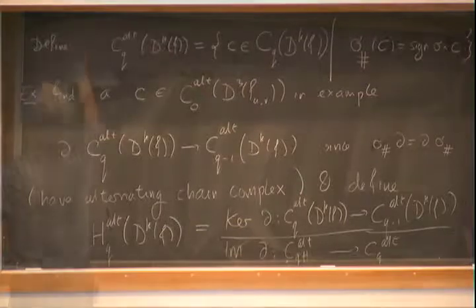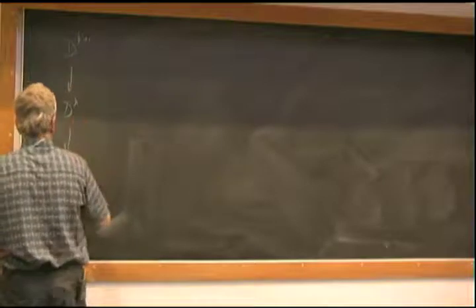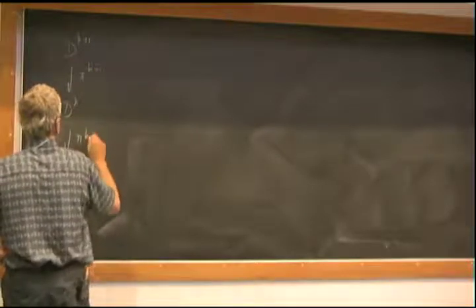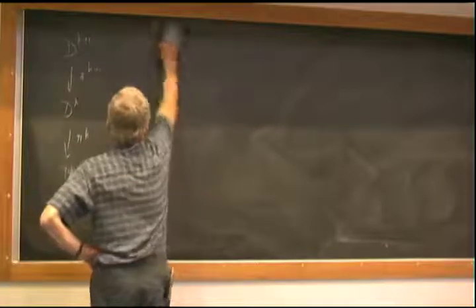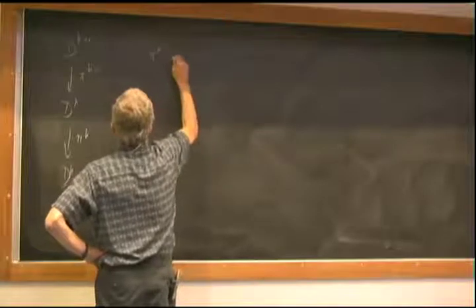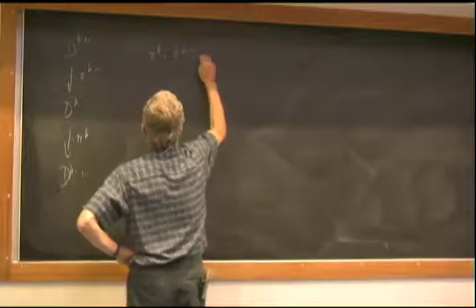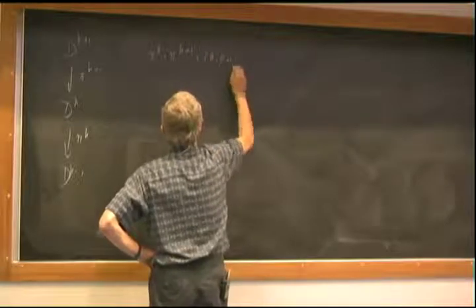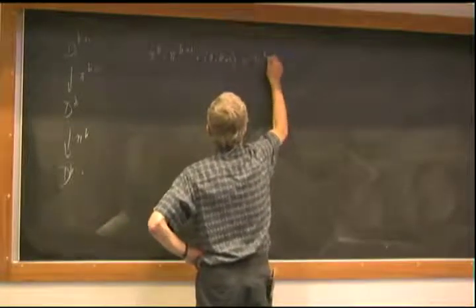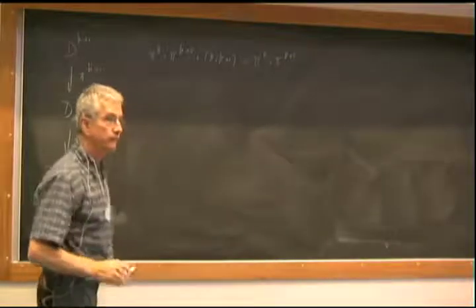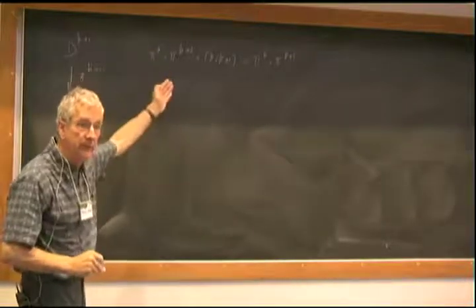So remember, we had d_{k+1}, d_{k-1}, pi_{k+1}, pi_k. And remember that I said that pi_k composed with pi_{k+1} composed with the permutation k+1, that's the same as pi_k composed with pi_{k+1}. We've already remarked on that.